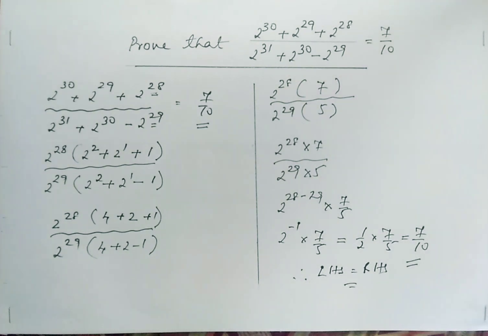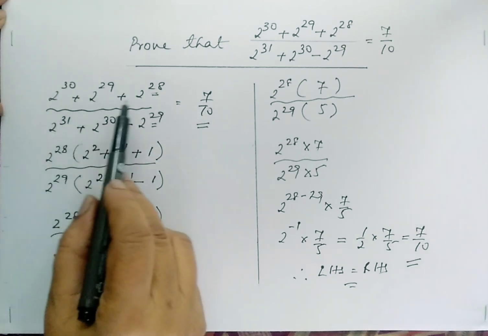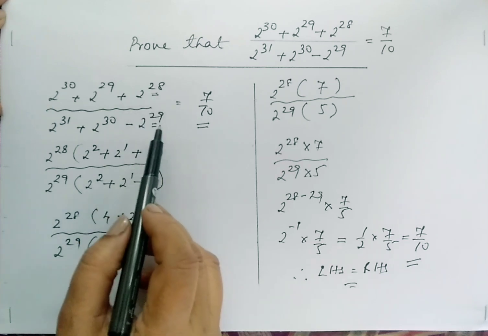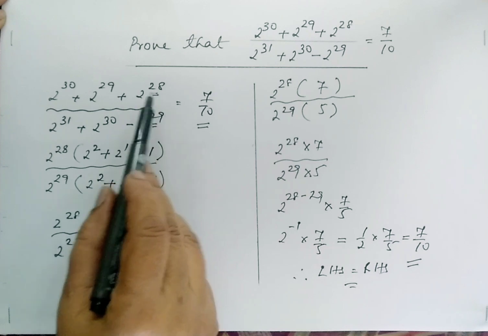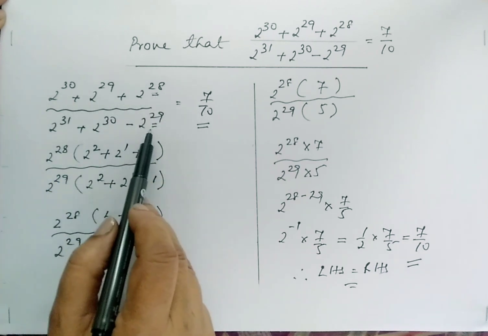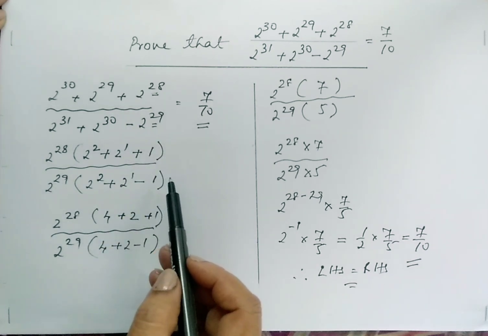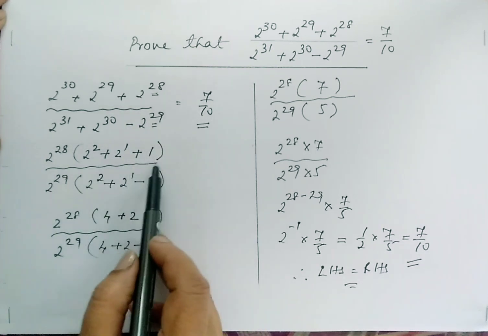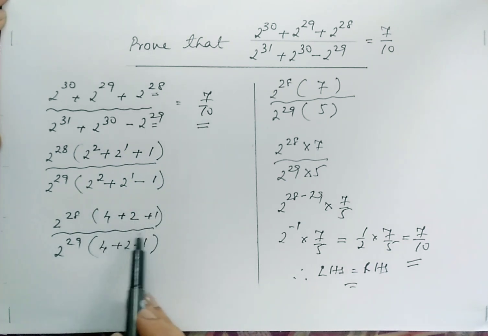Alright guys, so this wasn't very difficult as it may have appeared to some of you, because the only key factor is that we have to take the least power which is common to all of them. We do the same for both the numerator as well as the denominator. Then we simplify the leftovers as we have done over here.